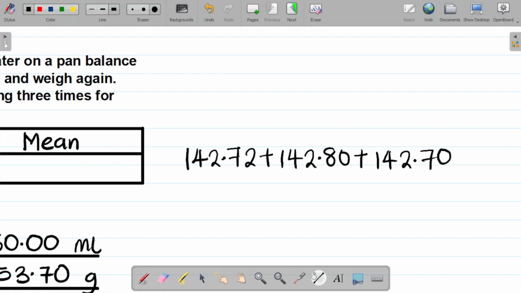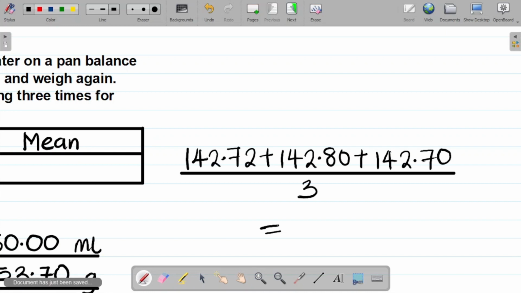And since I took 3 readings, I'll have to divide it by the number of readings I took, which was 3. So all over 3. Let me get my calculator and punch this: 142.72 plus 142.80 plus 142.70 divided by 3, and that's about 142.74.